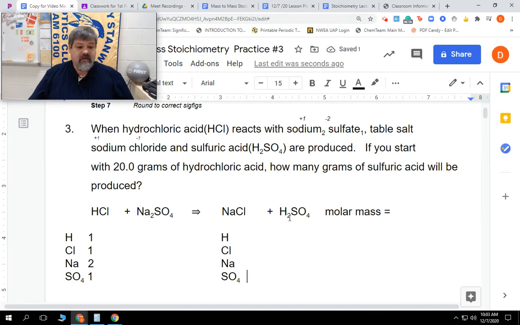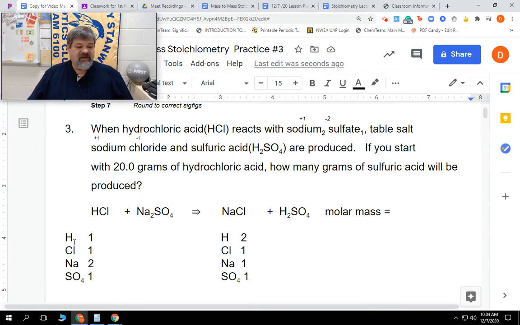For hydrogen, I have a subscript of 2. Okay, so that means I have 2 of those. Chlorine, there's no subscript, so that means I only have 1 of those. My sodium, no subscript, so I only have 1 of those. And my sulfate ion, look at that, I only have 1 of those. So where am I different? And where am I the same?